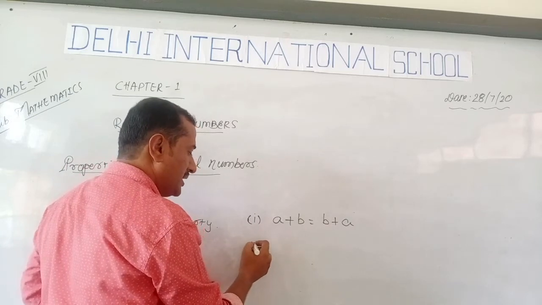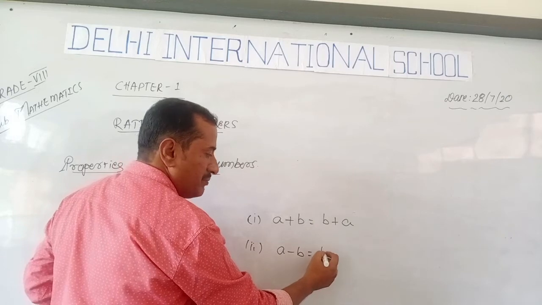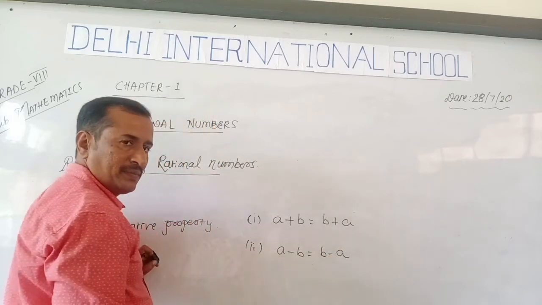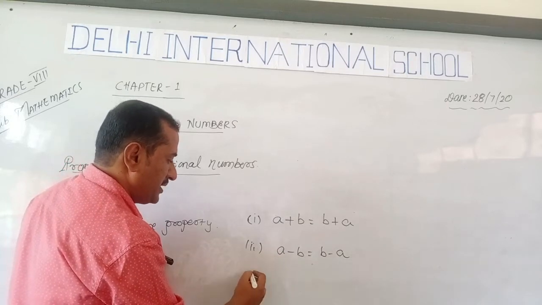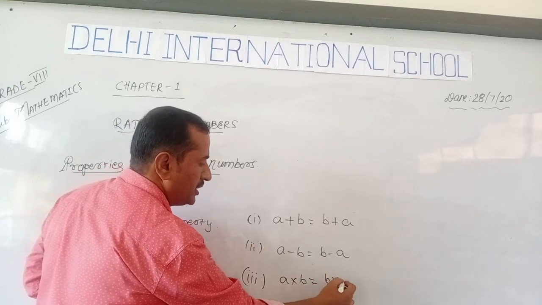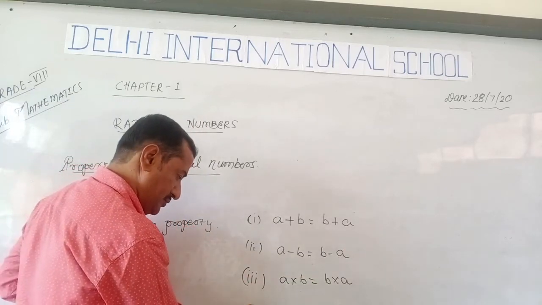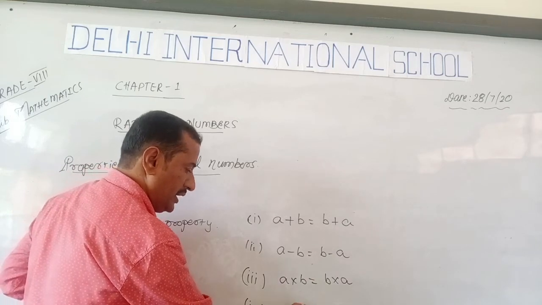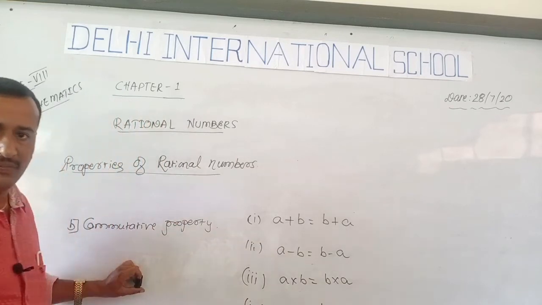Similarly for subtraction, A minus B is equal to B minus A. Third, A into B is equal to B into A. Fourth, A divided by B is equal to B divided by A.